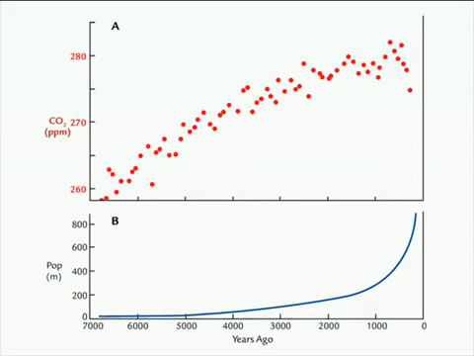So you have this problem. If humans are causing the CO2 increase, how come the CO2 increase occurs way before the population increase? That doesn't seem to make any sense. I think there are two answers to that question, one of which has emerged and one of which is emerging.